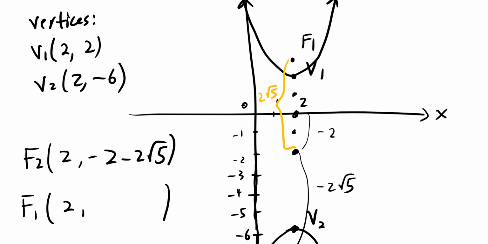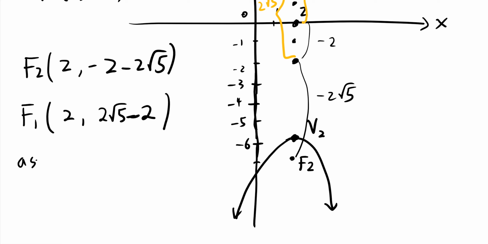But to find the y coordinate of this, we need to find this distance, which is 2 square root of 5 minus 2. Okay, so graphically, that's how we found it. I got the vertices, the foci, the center, and we need the asymptotes.